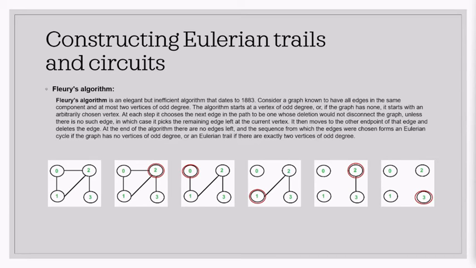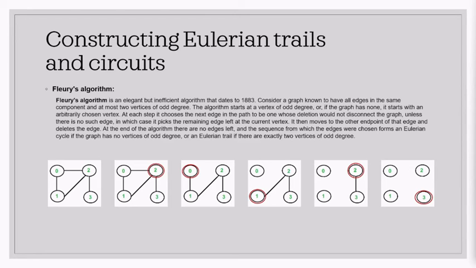At each step it chooses the next edge in the path to be one whose deletion would not disconnect the graph, unless there is no such edge, in which case it picks the remaining edge left at the current vertex. It then moves to the other endpoint of that edge and deletes the edge.